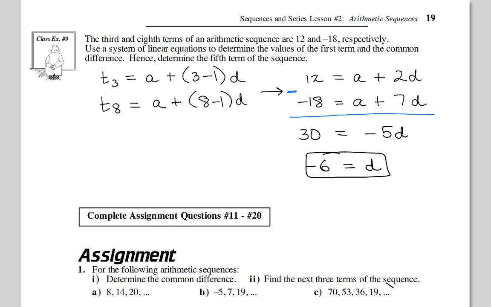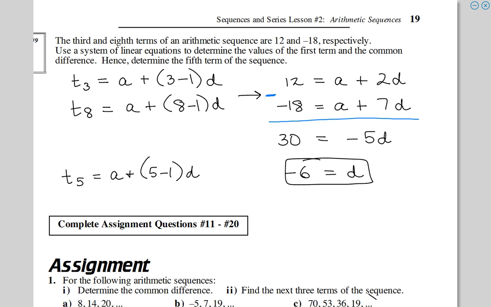And then now we can solve for the fifth term just like we did before. Or why don't we just use the formula? T5 equals A plus n minus 1 d, so 5 minus 1 d. So we do need the A value. So why don't we just use the system to find the A value? We already know that d is negative 6, so I'll just plug it back in.